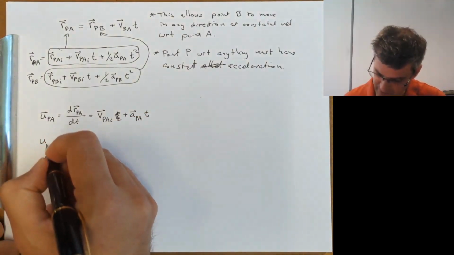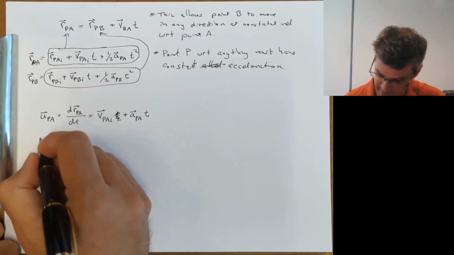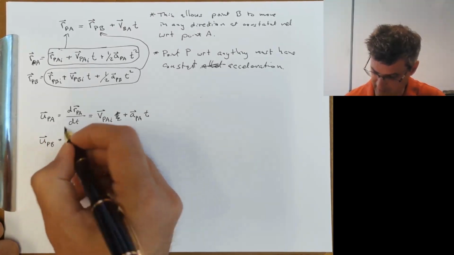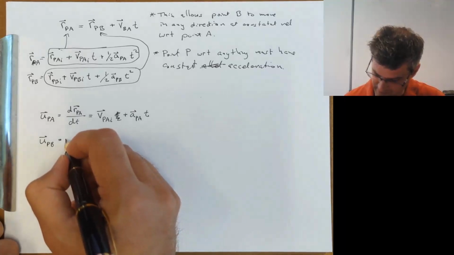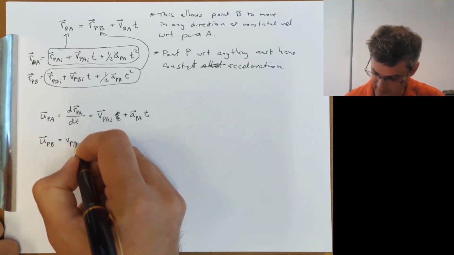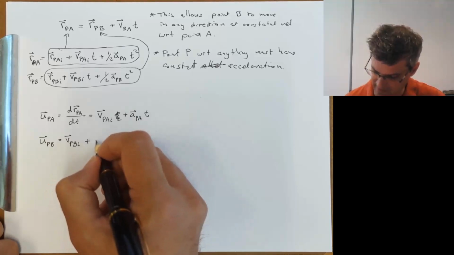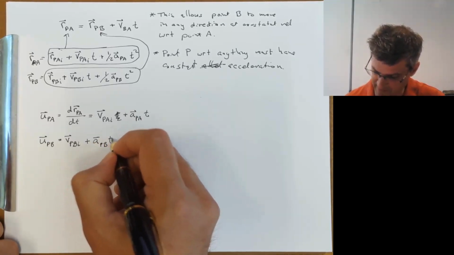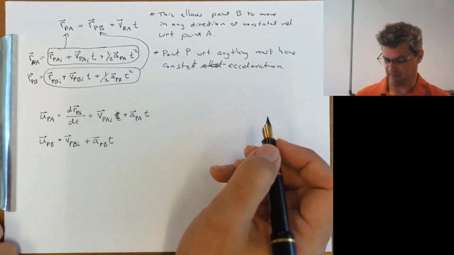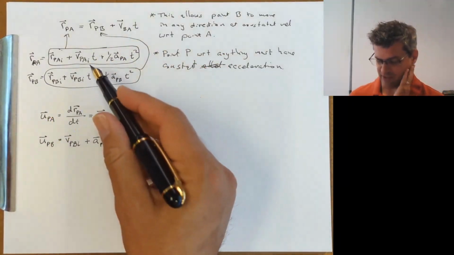Similarly, U PB. I look up here, I take the derivative. This is going to be V PBI plus A PB t. That's where this velocity relationship comes from.